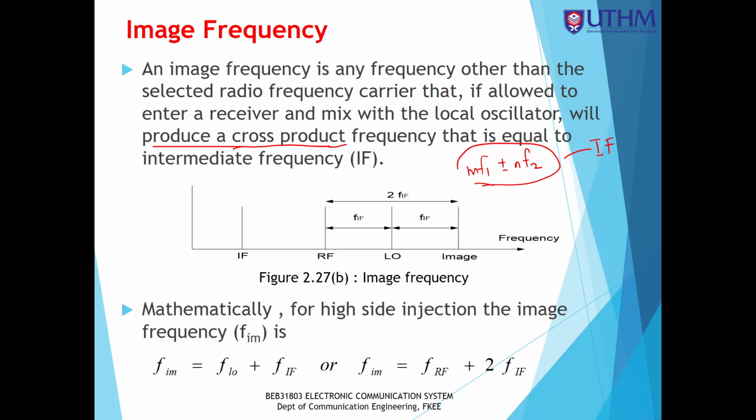So the preselector or the tuned circuit is responsible for removing the image frequency, because if the image frequency goes through the system, the receiver will be unable to differentiate the desired frequency band. So it is going to be a big problem.